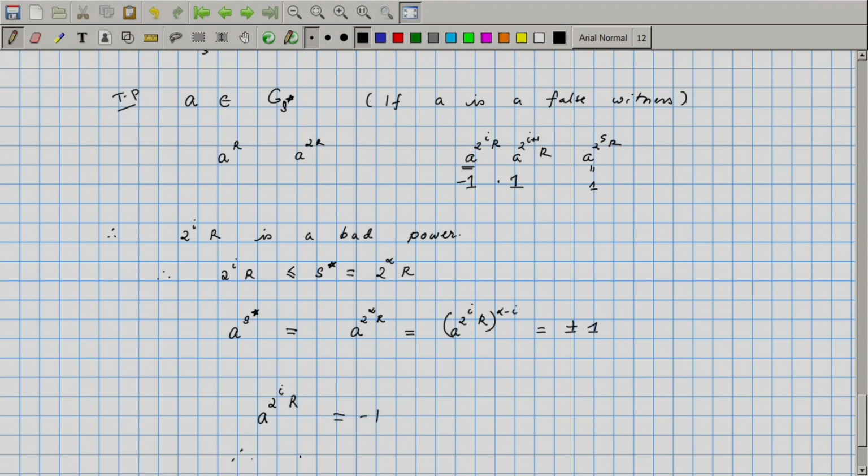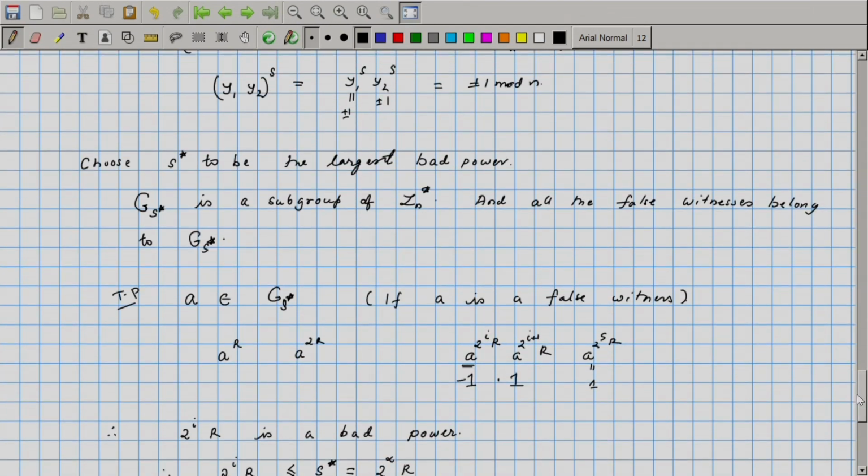This would also imply that since S star comes after this, S is a number of the form 2 raised to I times r, which comes after I. So, a raised to S star must be equal to plus or minus 1. So, we have now concluded that every false witness must in fact belong to Zn star.